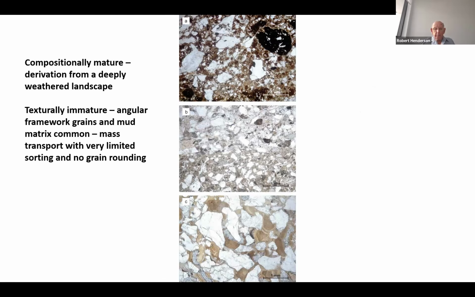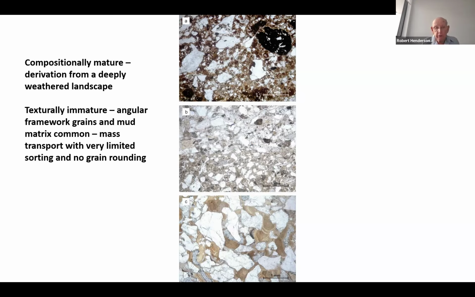Now, Max prepared some thin sections, and here they are, and you can see that grain working in terms of rounding is virtually non-existent. So these grains are just fresh out of the regolith into the sediment system, virtually no reworking.